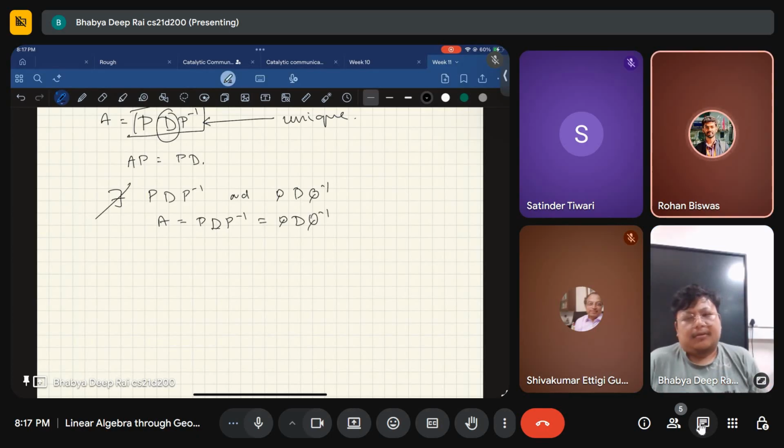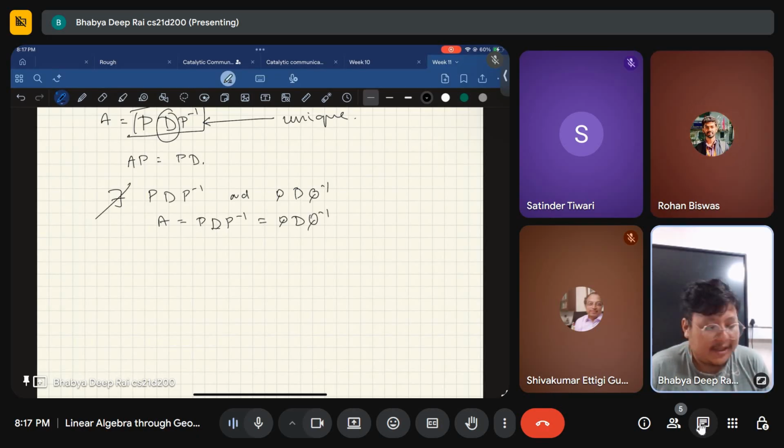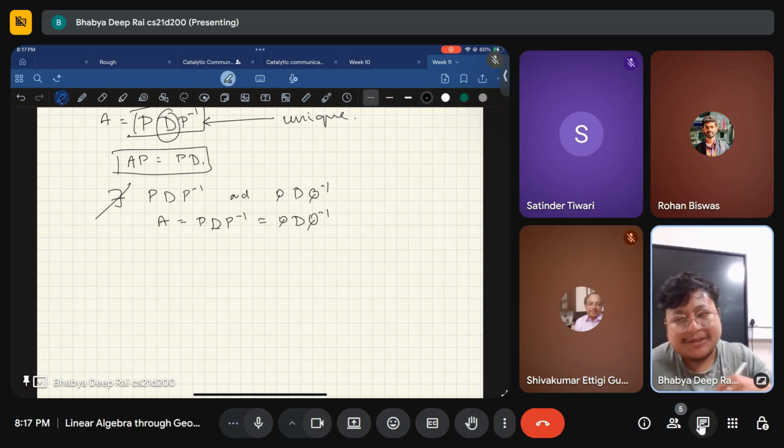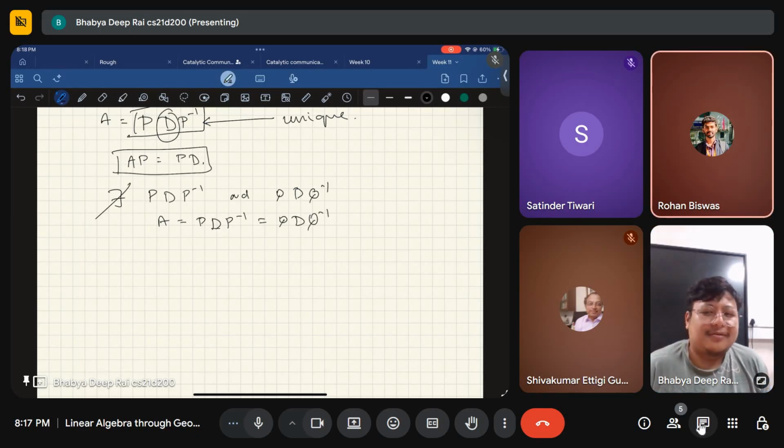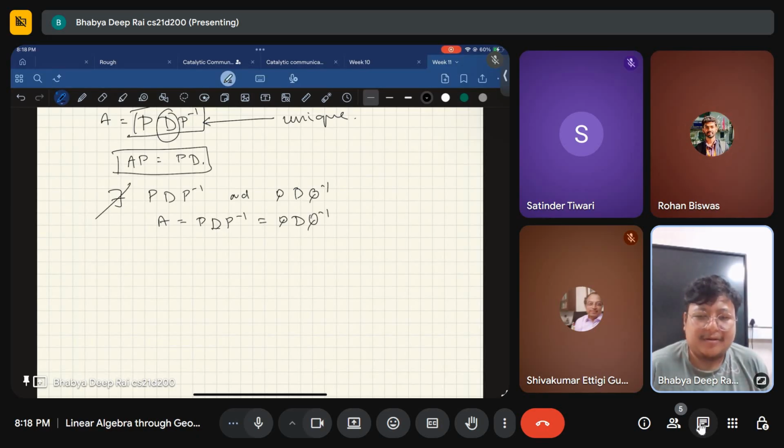So basically you're asking whether we can have eigenvalues in the diagonal elements without having eigenvectors in P? That's right. So I think that this is not the case. I think that this should not be unique because that would mean that you can never write a matrix in this form, which is strange to say. I think you should be able to write any matrix in this form.